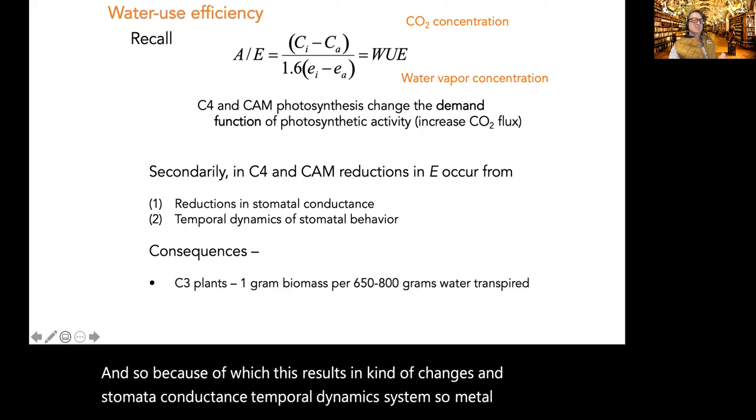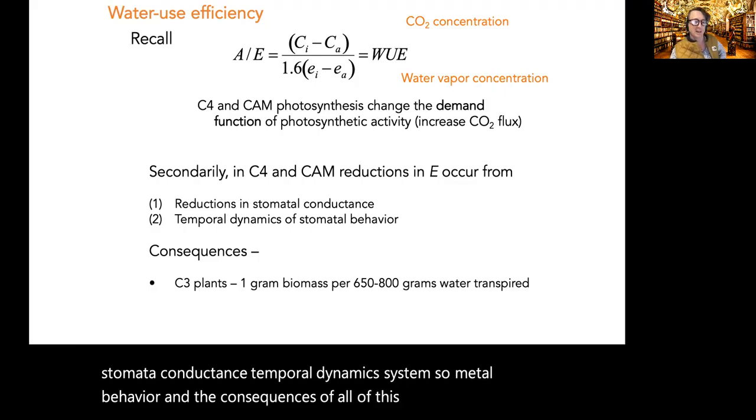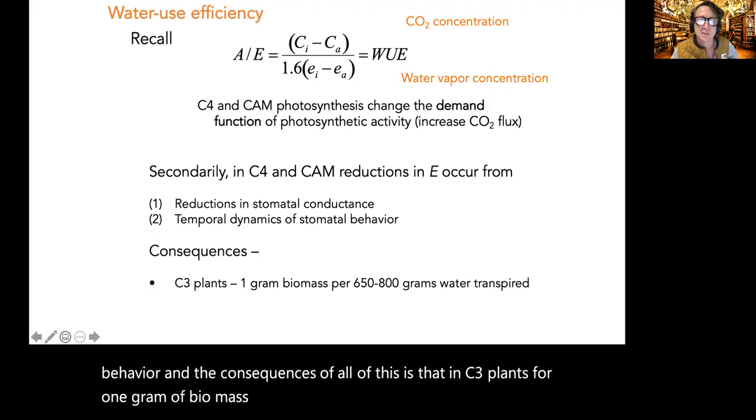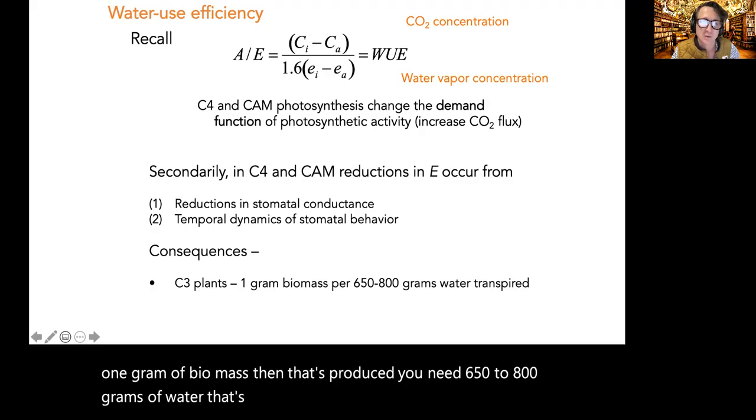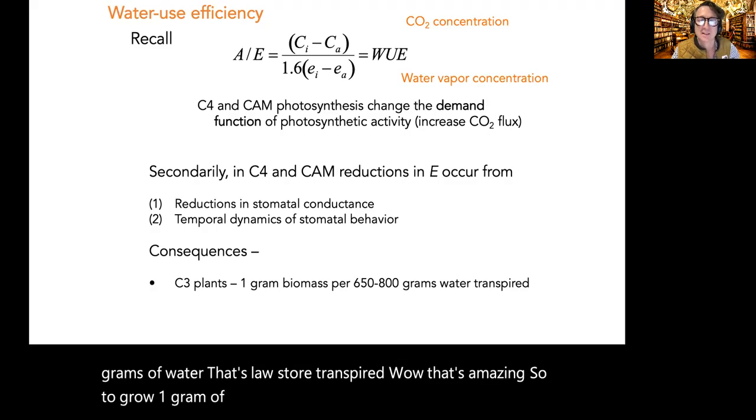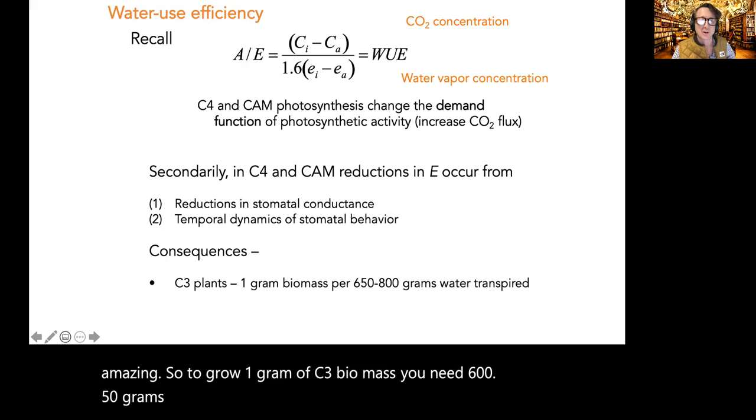And the consequence of all of this is that in C3 plants, for 1 gram of biomass that's produced, you need 650 to 800 grams of water that's lost or transpired. Wow, that's amazing. So to grow 1 gram of C3 biomass, you need 650 grams of water transpired.